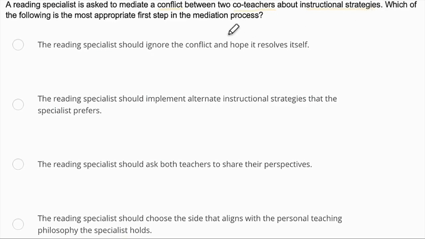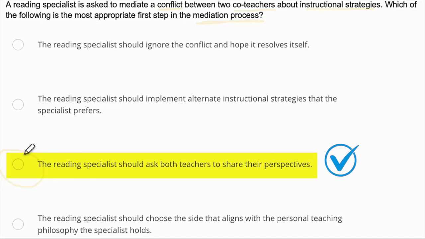The actual question will ask us which of the following is an appropriate first step for the reading specialist to mediate the conflict. So when we think about the first step for a situation like this, we arrive at the correct answer that the reading specialist should ask both teachers to share their perspectives. Now, why is that the correct answer?